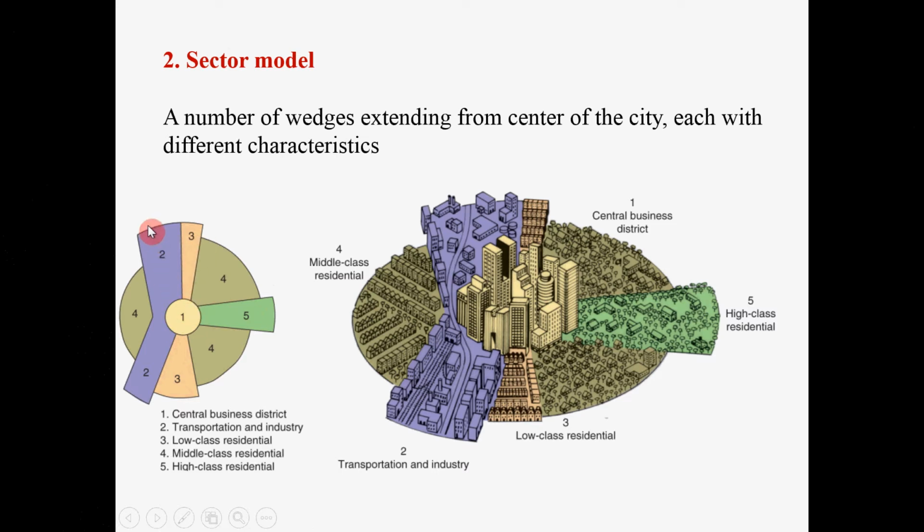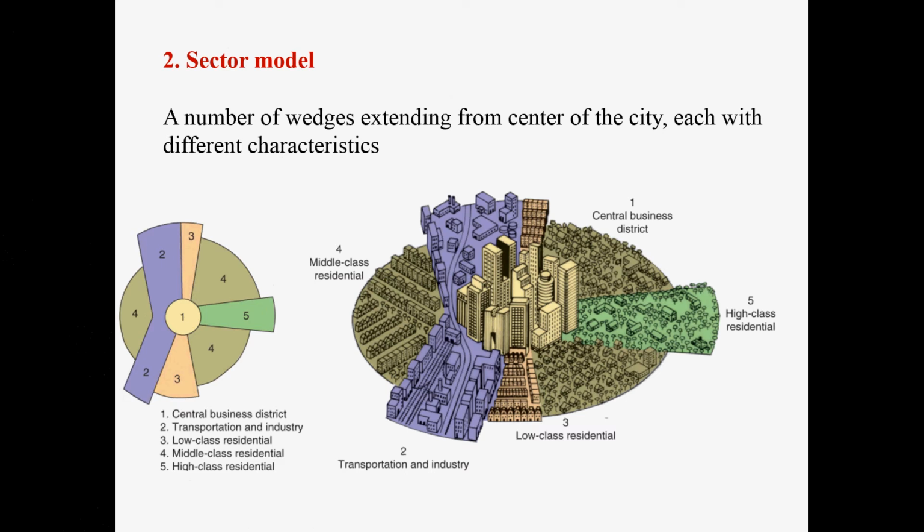This is number 2 here, the purple color. Then number 3 is the low-class residential area. They are close to the industrial and transportation zone, even though it is noisy and dirty, because land is cheaper. That's why lower-class residents were in this zone, adjacent to the industrial and transportation zone.